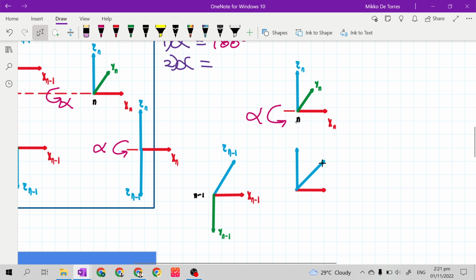So j sub n minus 1 is perpendicular with j sub n. Let's perform the rotation alpha.